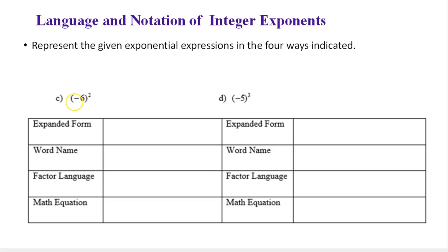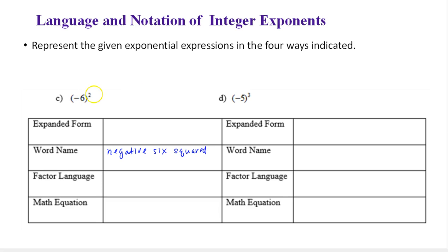Now here, notice this is a -6. Because it's in parentheses, we are squaring -6. We are not thinking of this as the opposite of 6. Okay, so our word name, we'd say -6 squared.